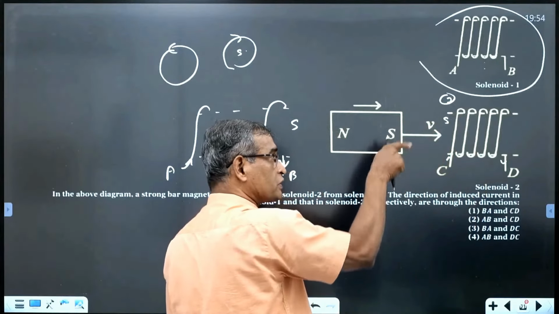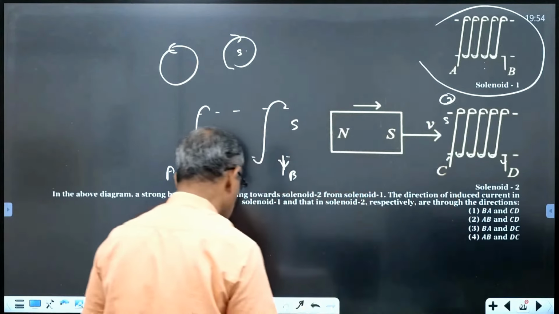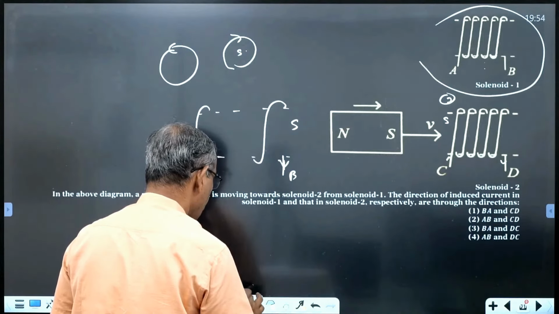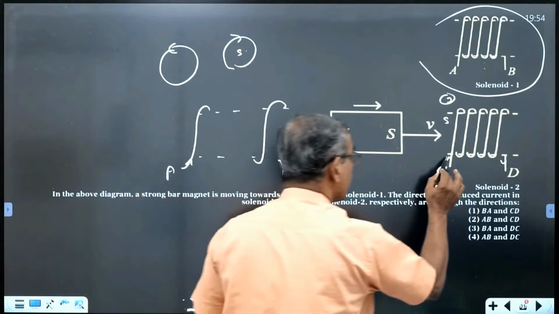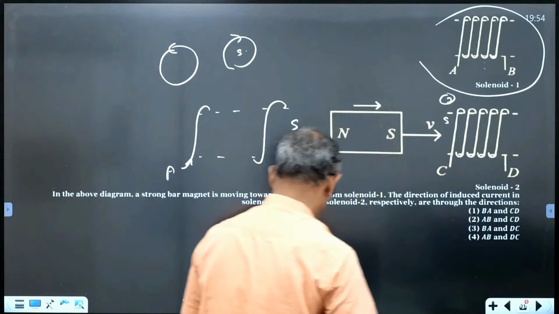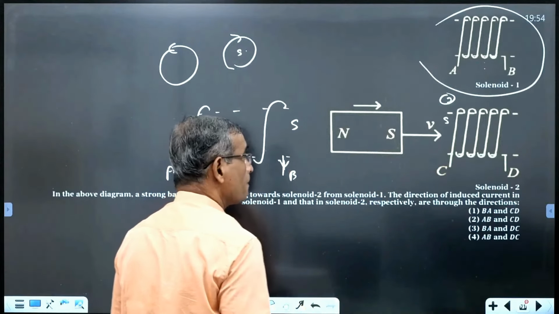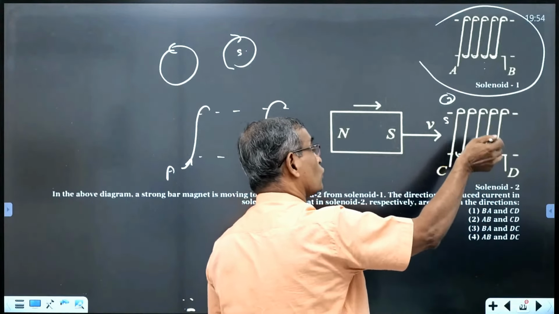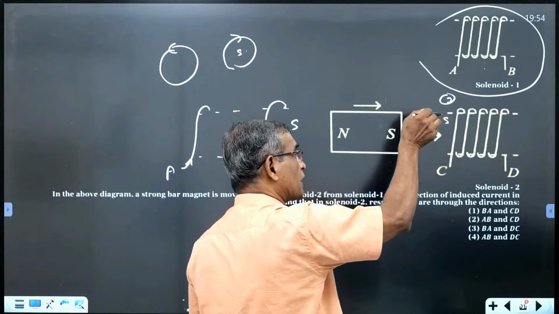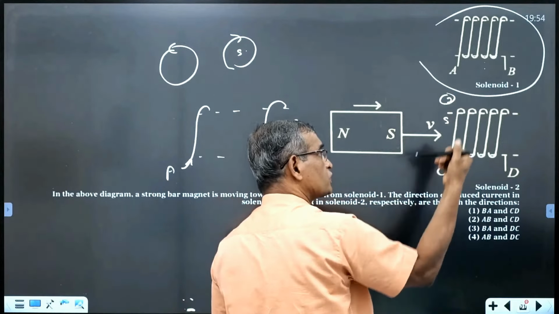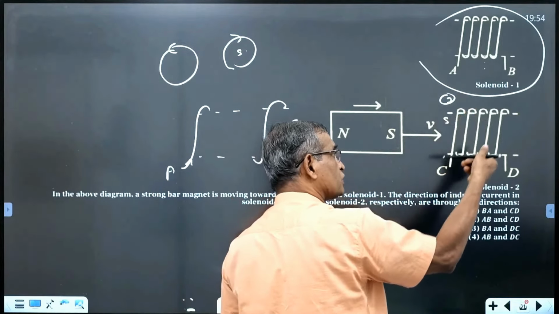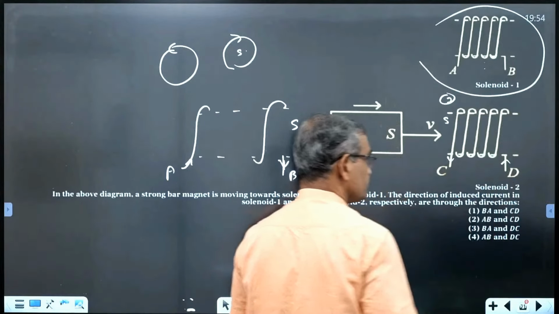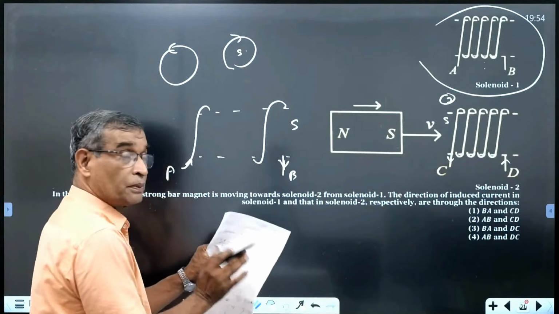It must be clockwise, so sorry, we have to replace this one. Now this must be again clockwise. This is anti-clockwise, this is clockwise. This clockwise means like this. Both ways it must be south pole.